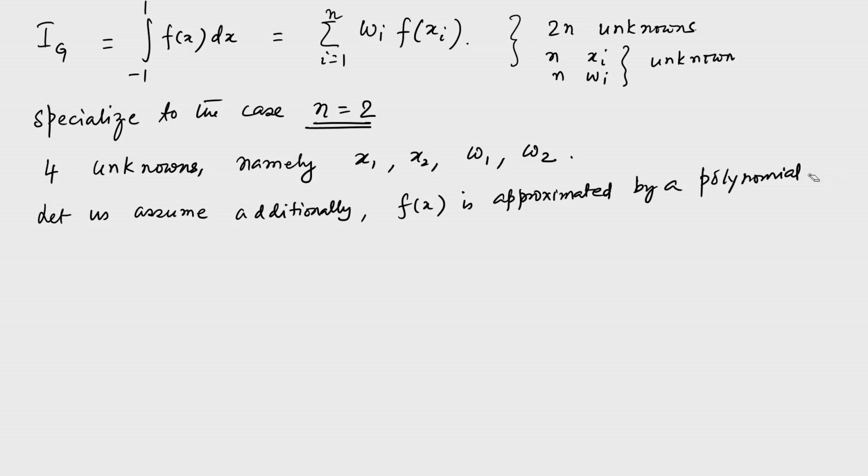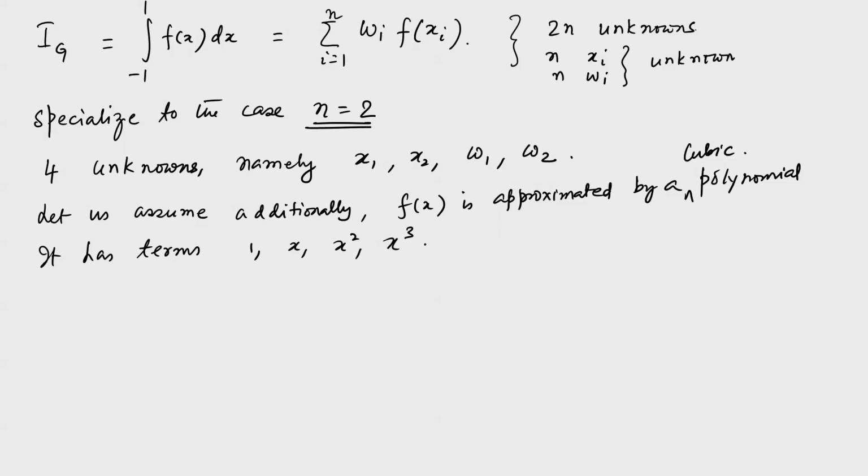I mean it could be anything. So, this f(x) is a cubic polynomial, which means that it has terms 1, x, x square, x cube, and you can actually consider any order, but let us just assume that this is approximated by a cubic polynomial.